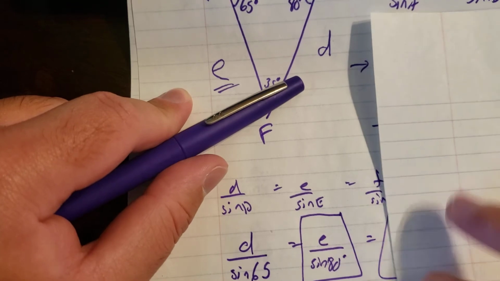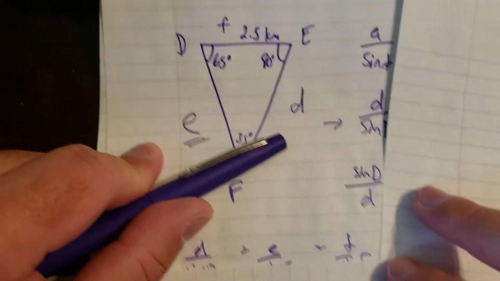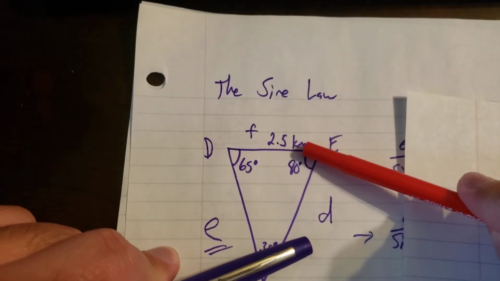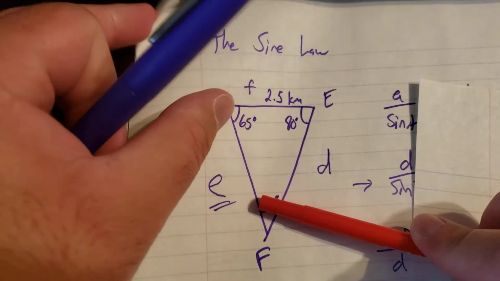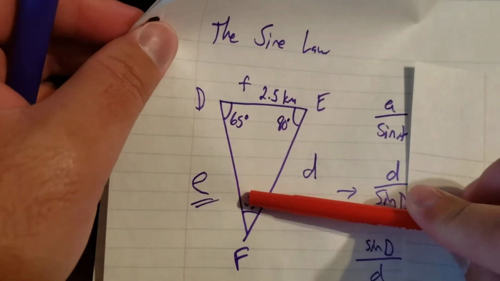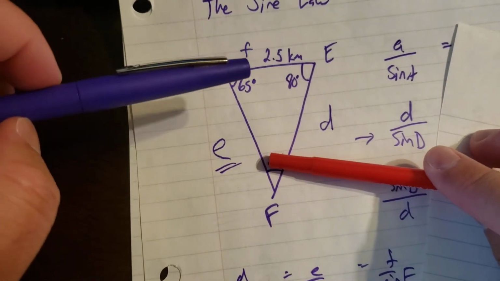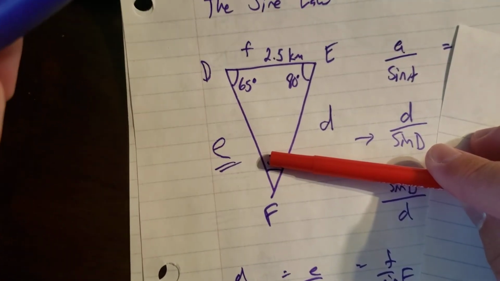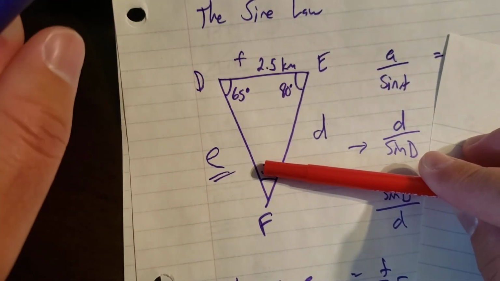Okay? Now I look at my f fraction, so f over sine F. I do know what lowercase f is. It's 2.5 here. In the example, I'm actually not given what this angle here is. I'm not given this 35-degree angle here, but I do know that all of these angles add up to 180 degrees, and these two here add up to 145.